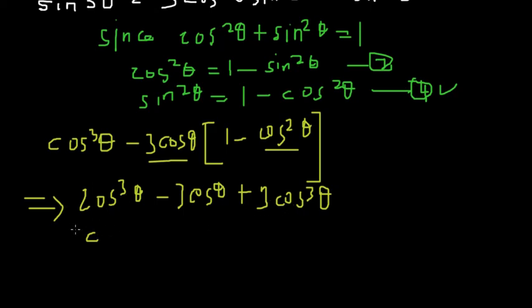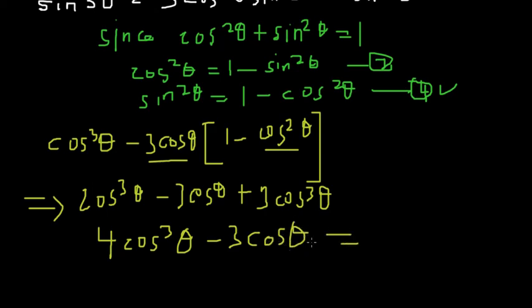So we can write this as 3 plus 3 cos cubed theta, so we have 4 cos cubed theta minus 3 cos theta. So this represents the real portion of the trig function of the complex number using De Moivre's expression.